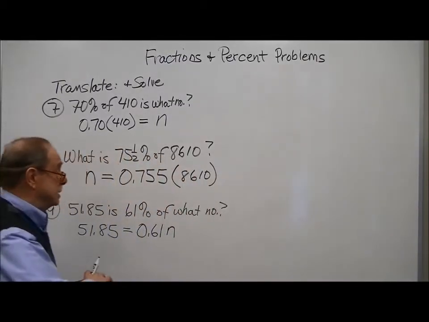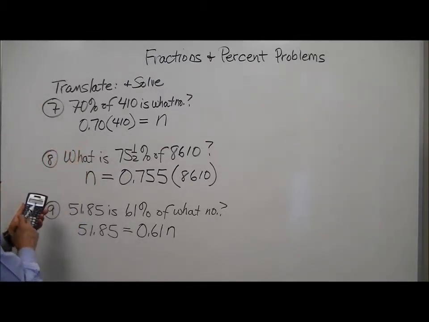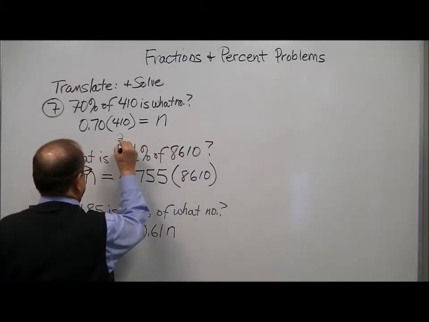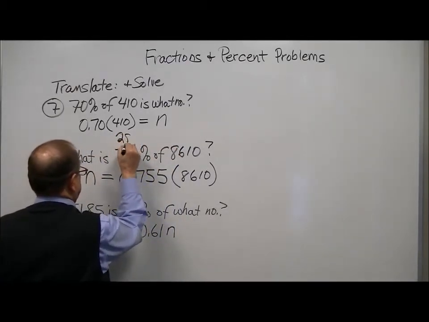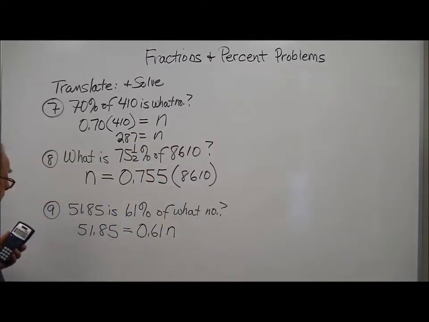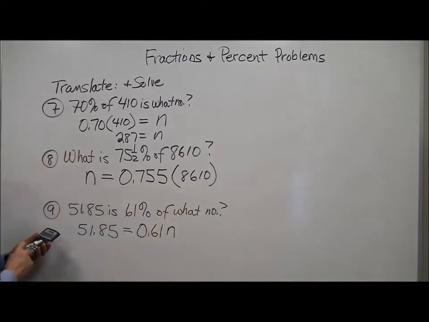And you can use your calculators. So here it's just 0.70, oh, let's turn it on first, times 410, 287. And then here it's just this times that.